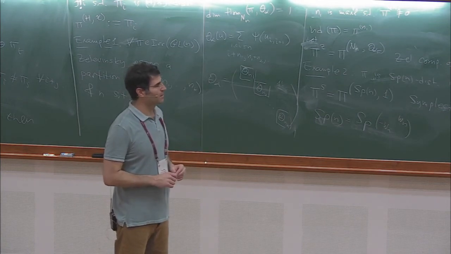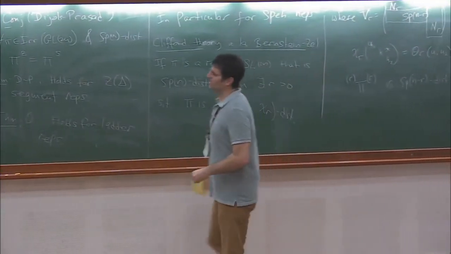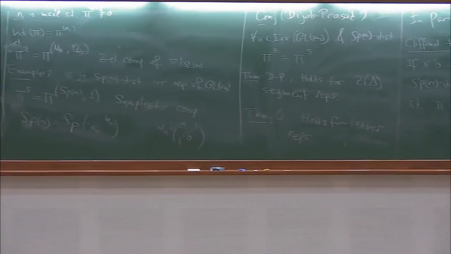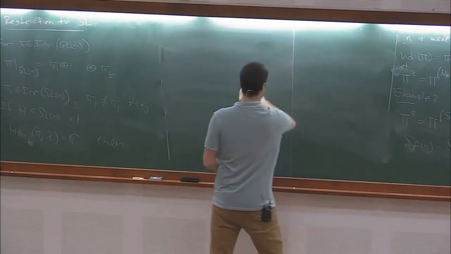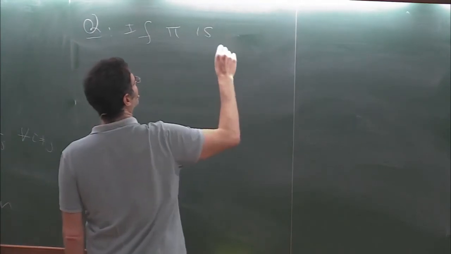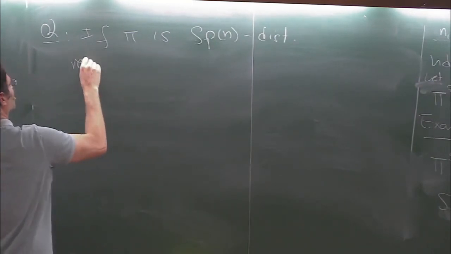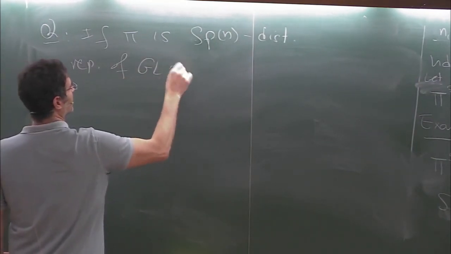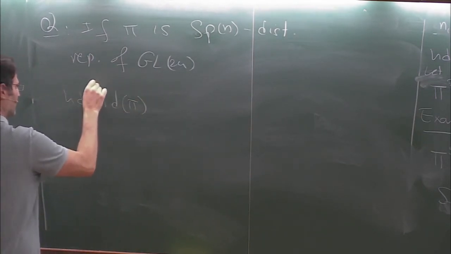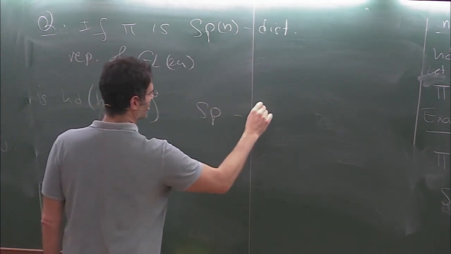Okay, so I think maybe I will end with a question. All of this indicates, and in many examples one can show it's true, so the question: if pi is an SPN distinguished representation of GL2n, and I take the highest derivative of pi, and then take its highest derivative, is this also SP distinguished?